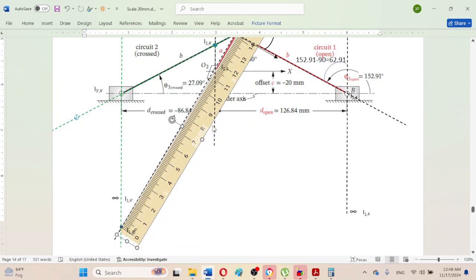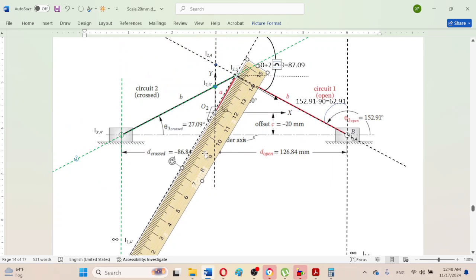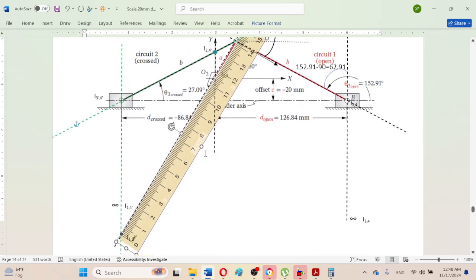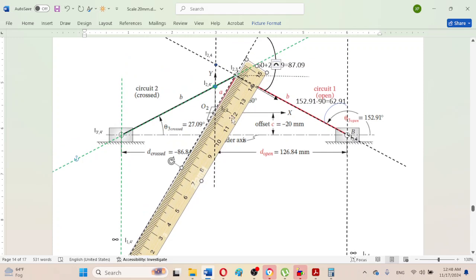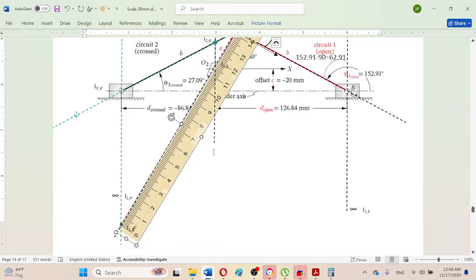So I can observe here that this is equal to somewhat 14, 14.1 or 14.2 for example.